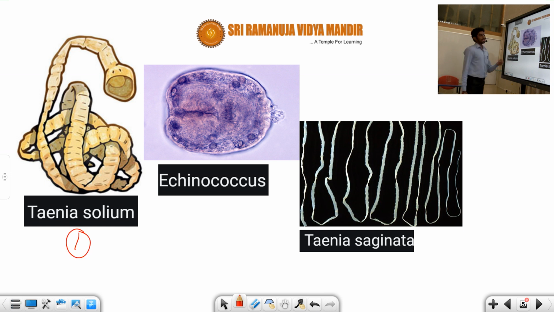The second example, which we can observe under the microscope, is Echinococcus, the dog tapeworm. It is the smallest tapeworm in the Platyhelminthes. And Taenia saginata is the third one. So these are the three common examples of class 3 Platyhelminthes, that is Cestoda.